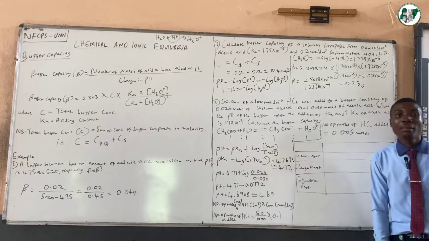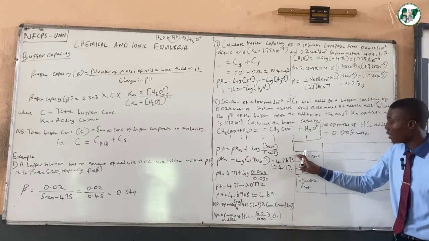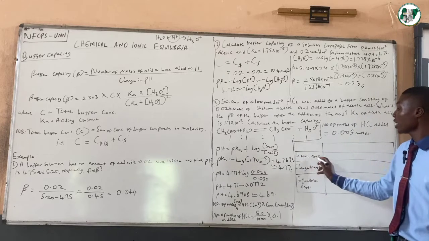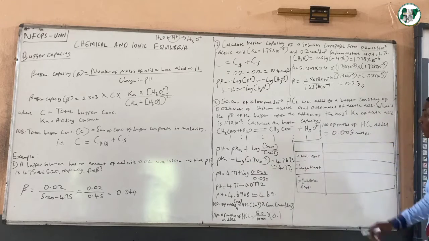That is where they got the name ICE table from. So this is ICE. Once you remember ICE, what comes to your mind is initial amount, change in amount, and equilibrium amount.